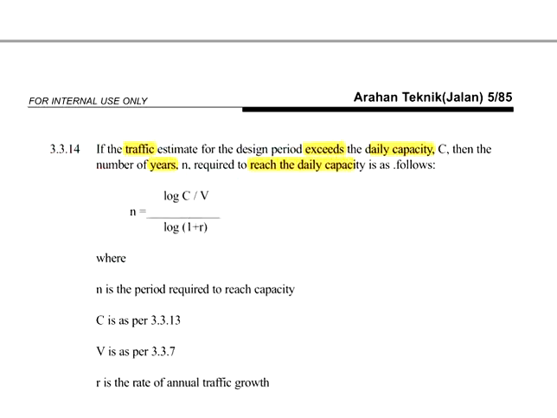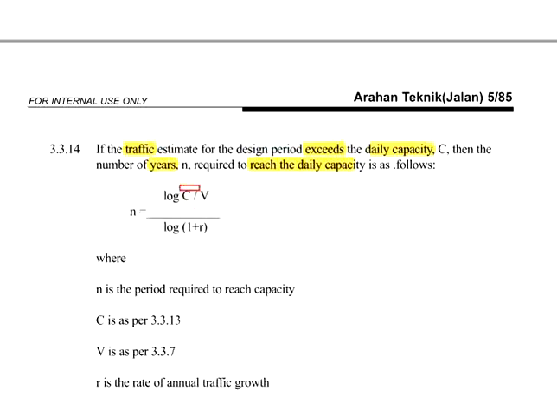3.3.14. By looking at the equations, it seems like the log C is to be divided by the V, and then the whole thing is divided by the log 1 plus R. It is not clearly stated here.